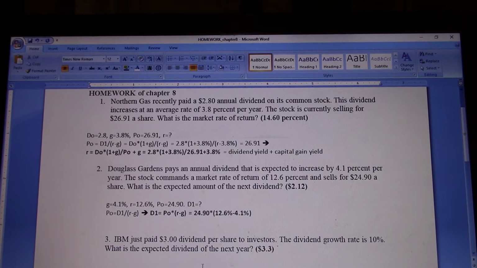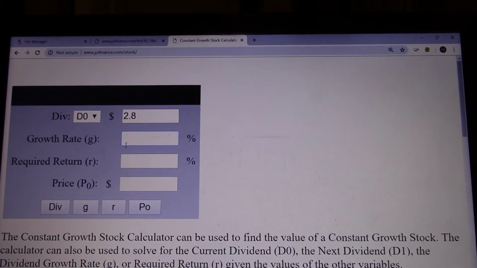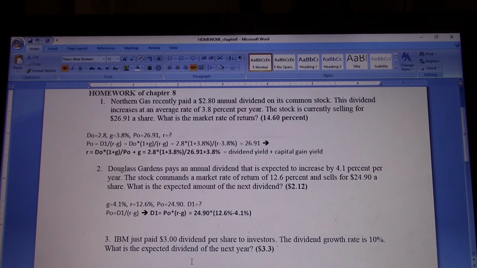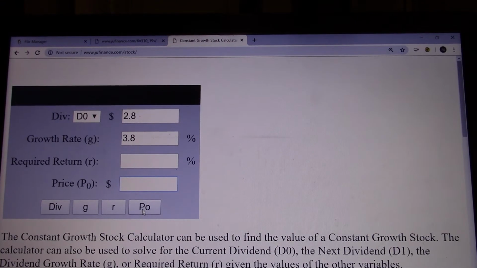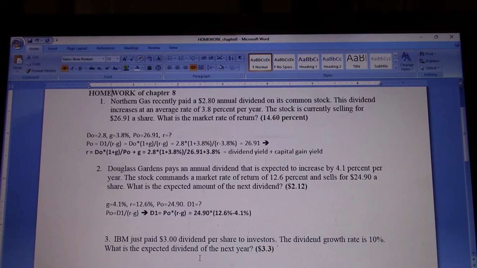Growth rate is 3.8%. Stock price is given, $26.91. It's asking for R. So you click on R, and it gives 14.60%. So it is right.